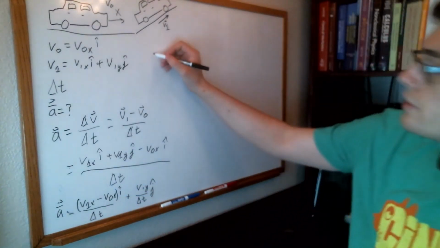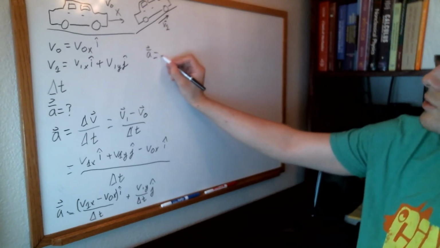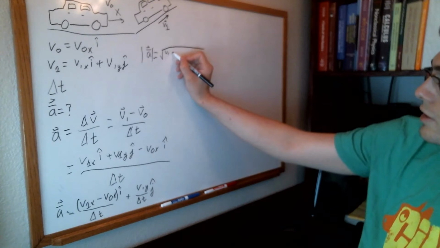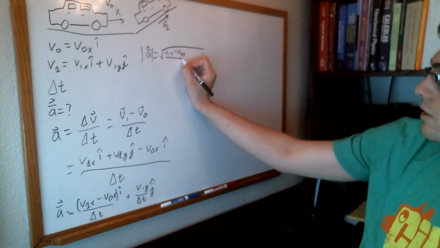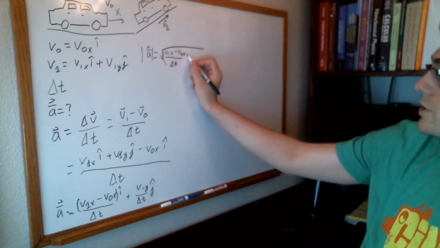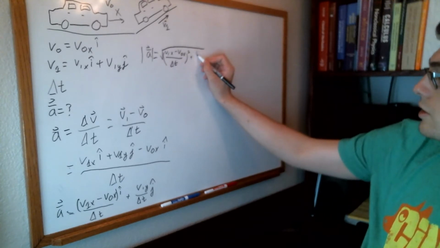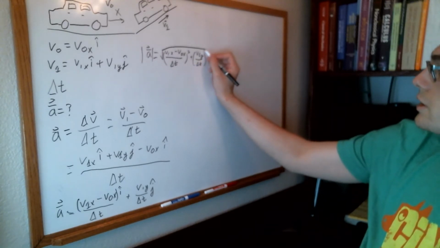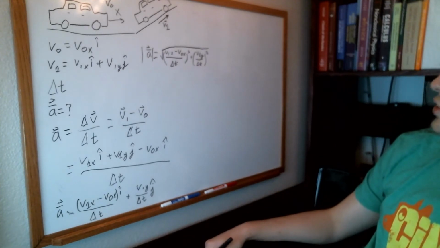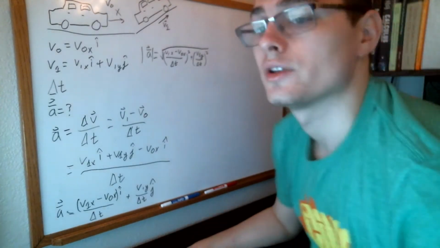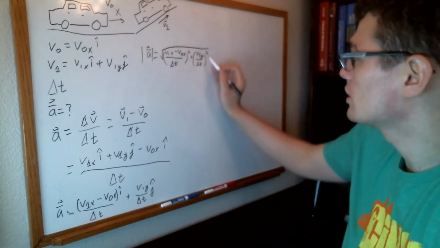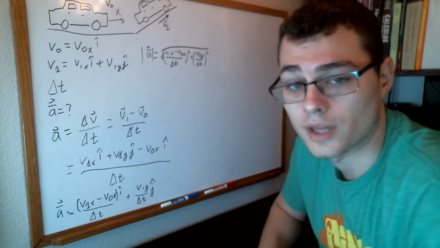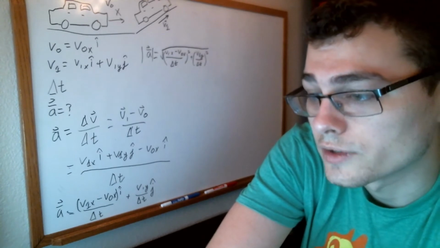So the magnitude of a bar is equal to the square root of the absolute value of v1x minus v0x over delta t, squared, plus v1y over delta t, squared. From right here, you can start plugging in numbers: plug in the first quantity, square it, plug in the second, square it, add them together, and take the square root. And that is all you have to do for part B of this problem.